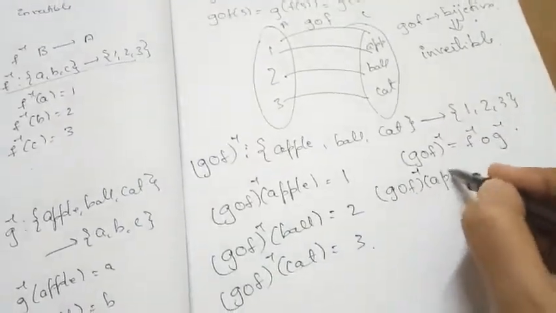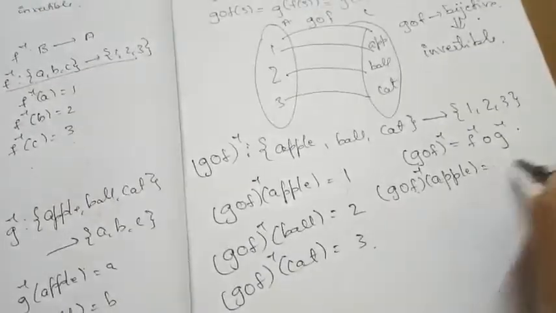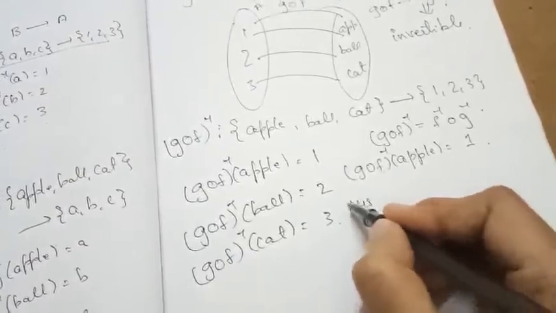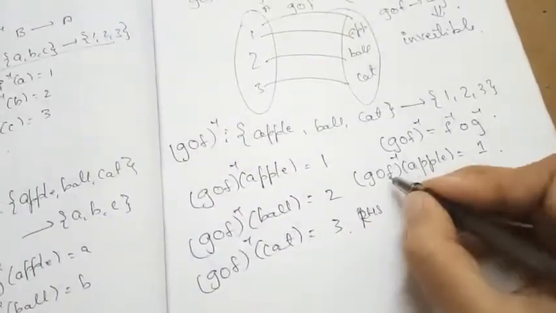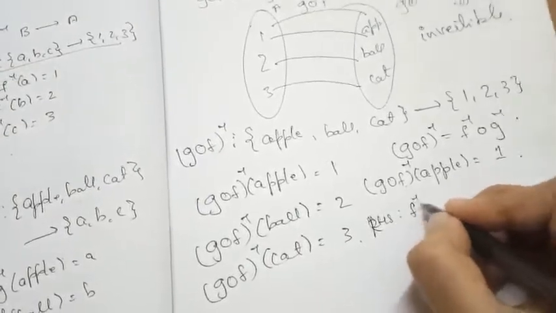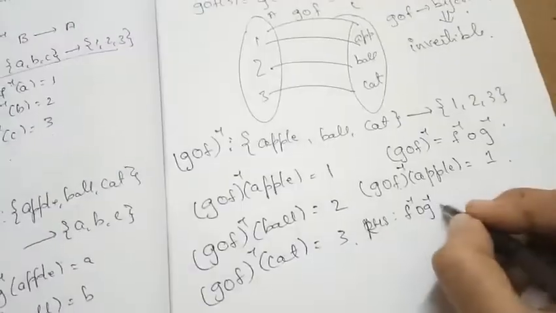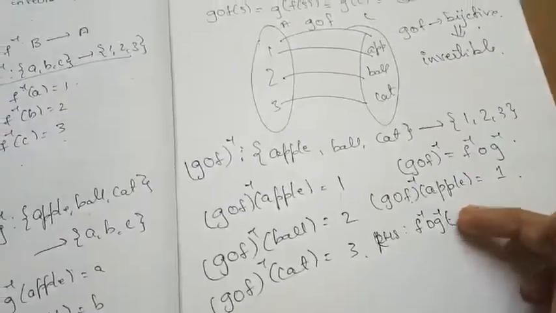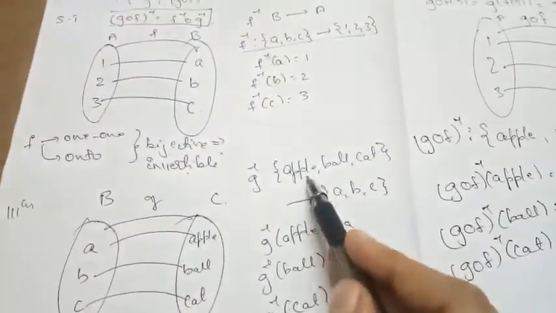If I take apple, (gof) inverse of apple is 1. I will consider now the RHS. This is our LHS. We got (gof) inverse of apple is equal to 1. What is our RHS? f inverse of g inverse. So what is the input we are taking? We are taking the input from the domain of the g inverse function. What is the domain of the g inverse function? It is set {apple, ball, cat}.